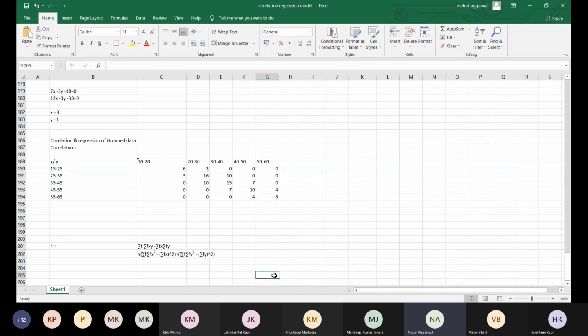So wherever there is x, f is added into that data.